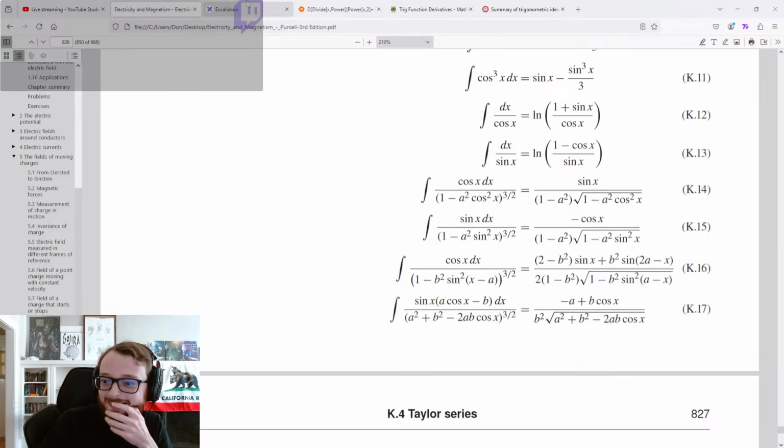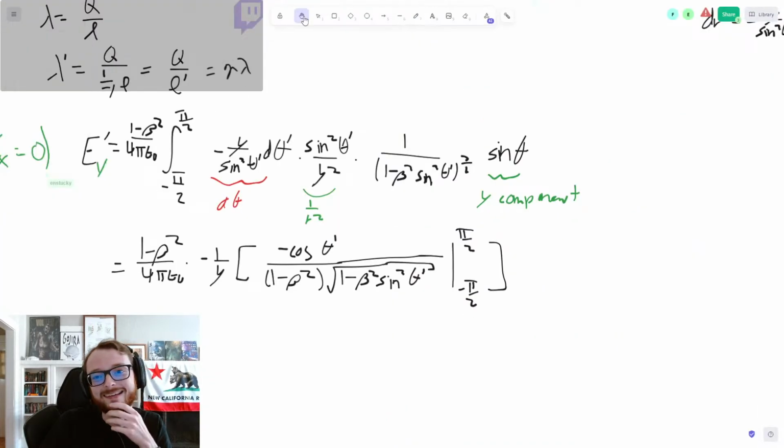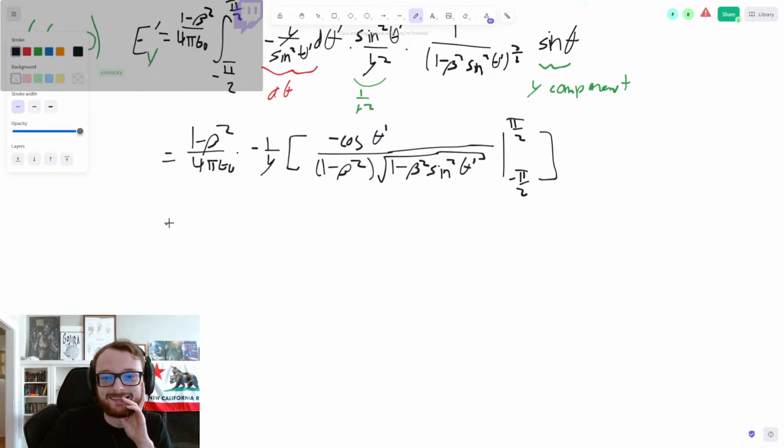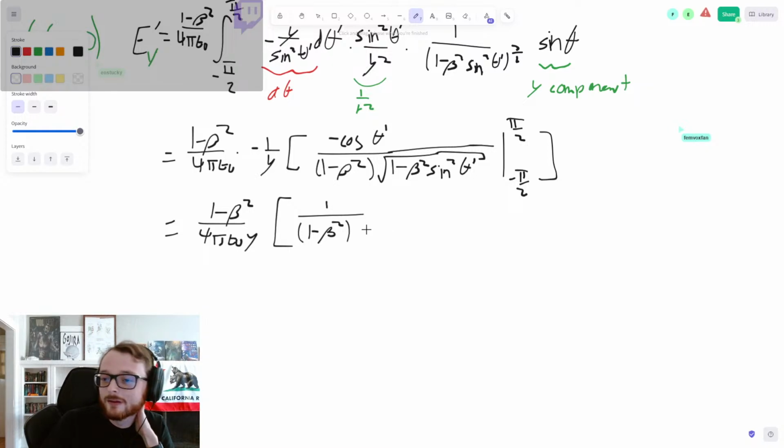I think we get this. I'll take it. So we can bring the minus sign out front. So cosine of pi over 2 is positive 1. Right. 1 minus beta squared root thing is just 1. So that's the first term already done.